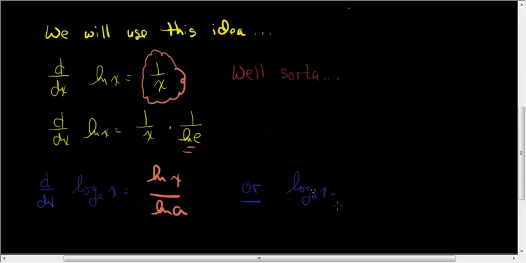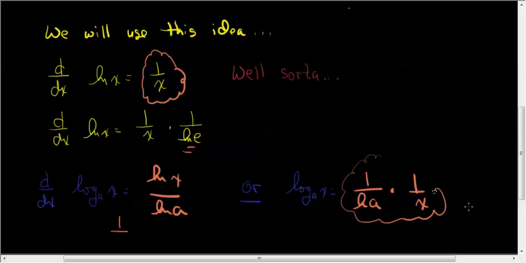So we could just say that this is 1 over the natural log of a times 1 over x. So if we wanted to take the derivative of that, the derivative of that is just this constant times the derivative of 1 over x.